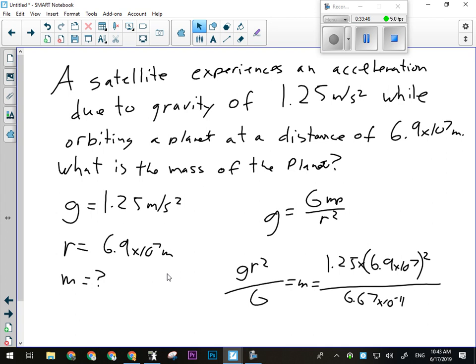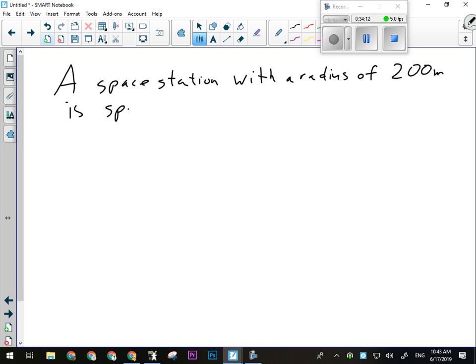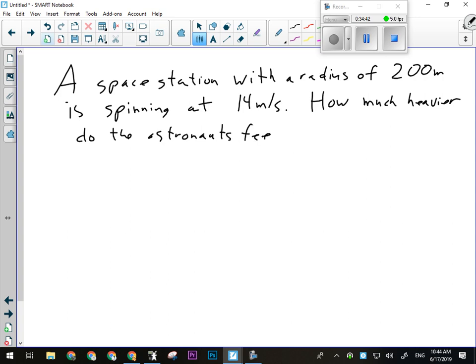Would there be problem solving questions for artificial gravity? Mm-hmm. I think that's different than I've worded it before as well.